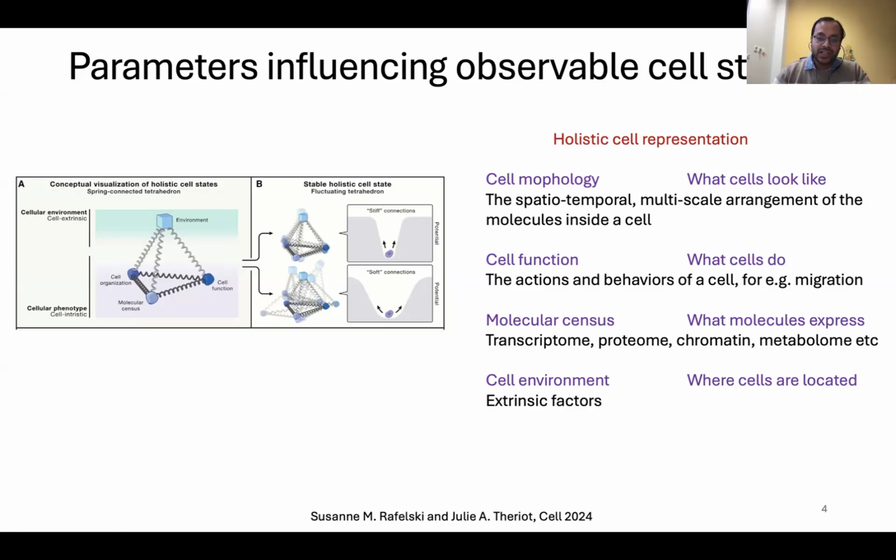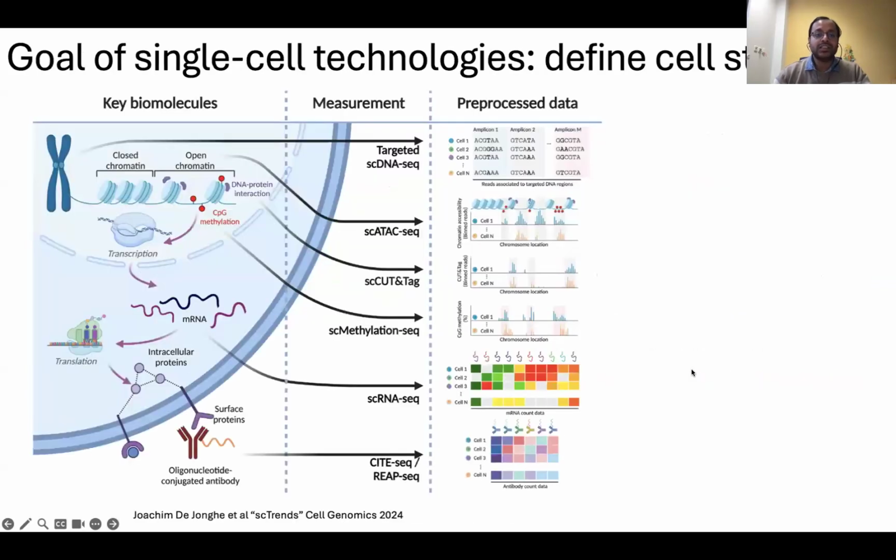One of the goals of all the single cell technologies, which have been developing for many years, is to understand this holistic cell state, or what the holistic cell state representation is. These technologies can capture single cell ATAC-seq, where the chromatin is open in the nuclei.